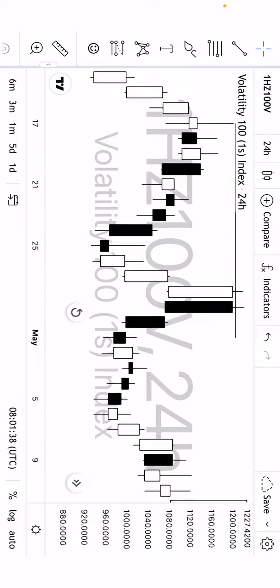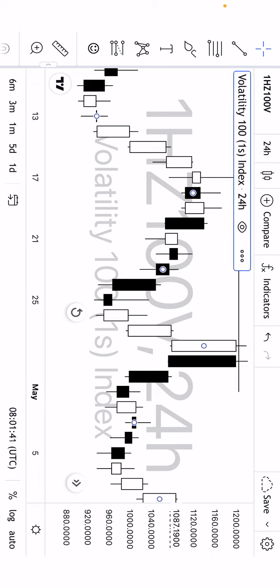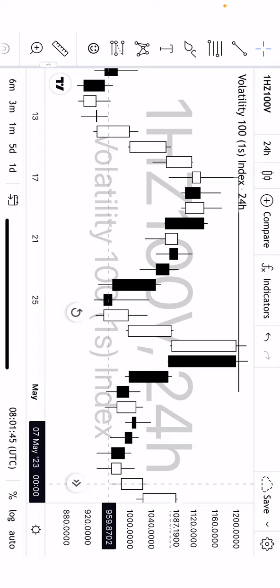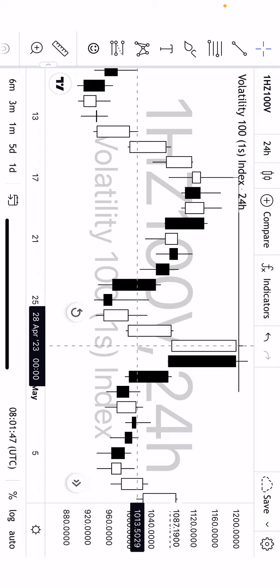Now you can see an order block in between this structure.